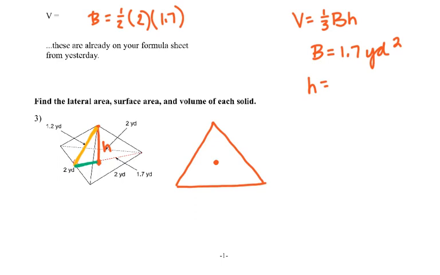So let's think about where the slant height hits the triangle. It hits it right here. And that's that green segment, so if we were looking down on the base, that is the apothem of our triangle from our regular triangle unit.